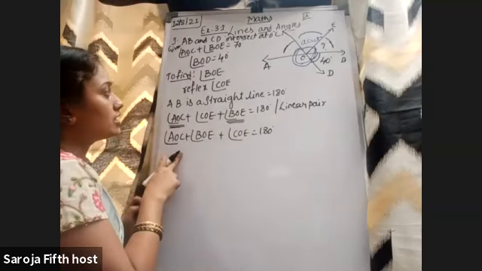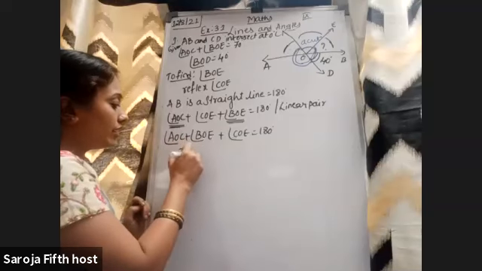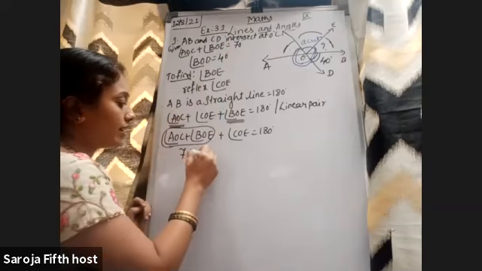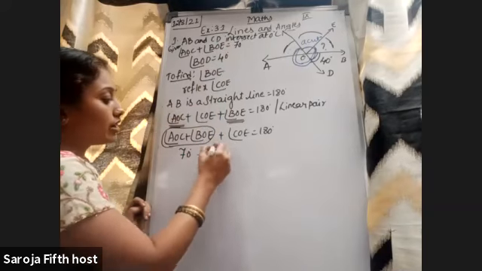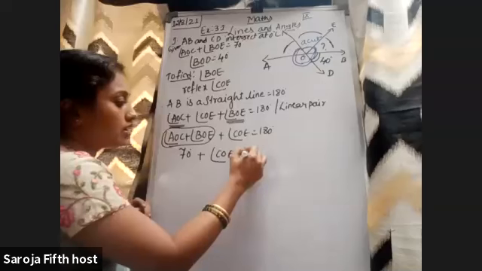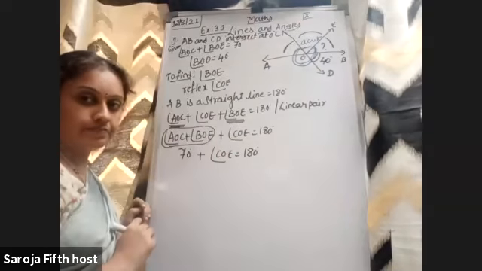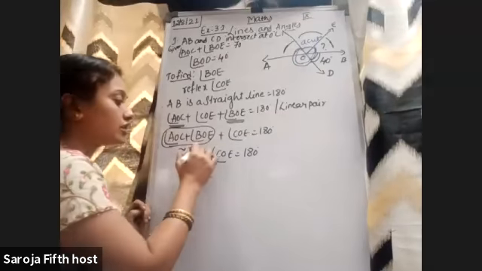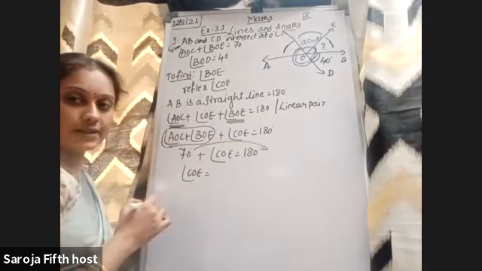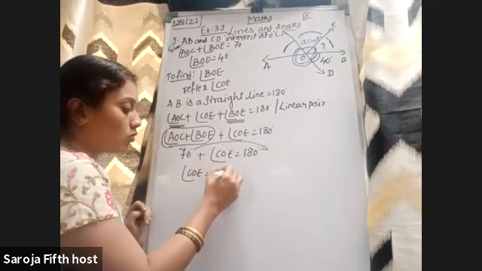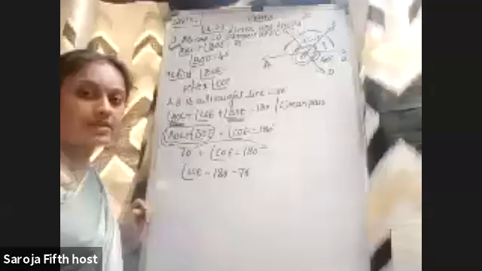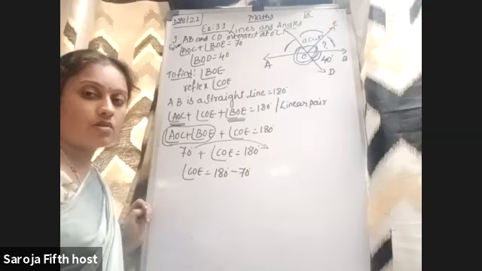Angle AOC plus BOE is 70 degrees, plus angle COE, which we need to find, is equal to 180 degrees. Angle COE I will keep as it is, and shift the plus 70 degrees to this side, so it is 180 minus 70 degrees. Anybody having doubt in this?